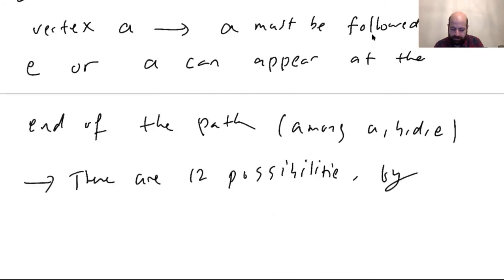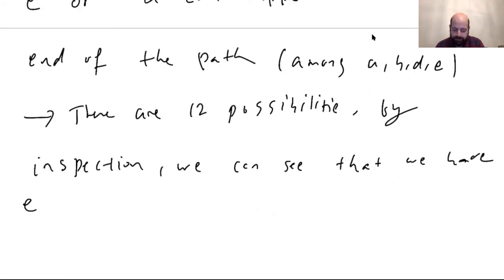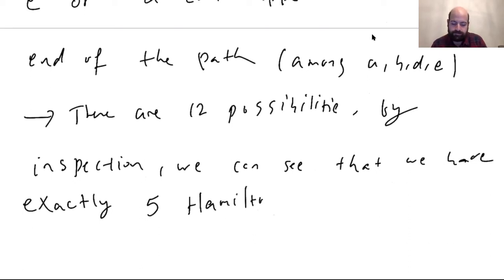And by inspection, we can see that we have exactly 5 Hamiltonian paths. There are only 12 possibilities.